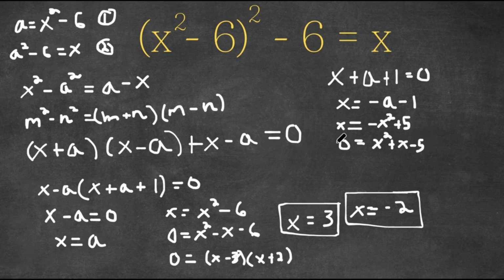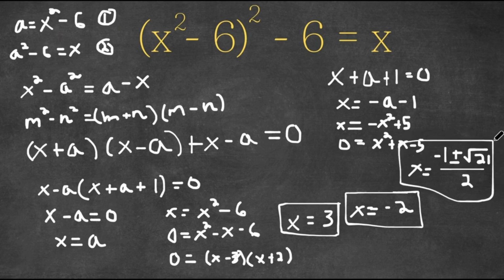If we plug this into the quadratic formula, we get negative 1 plus or minus the square root of 21, over 2. So these are our two other solutions: negative 1 plus the square root of 21 over 2, and negative 1 minus the square root of 21 over 2.